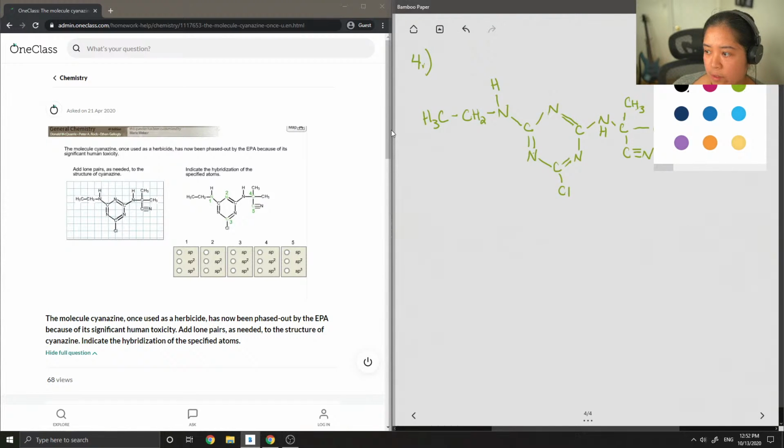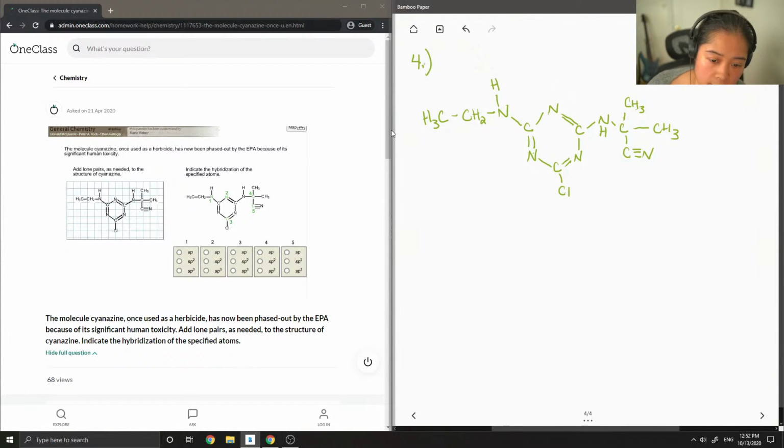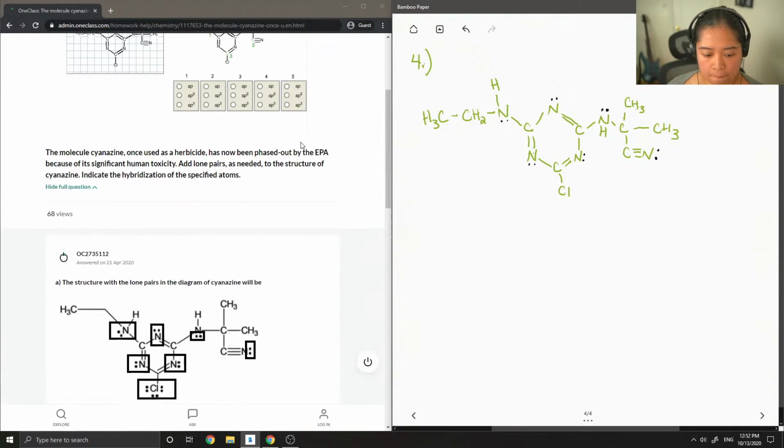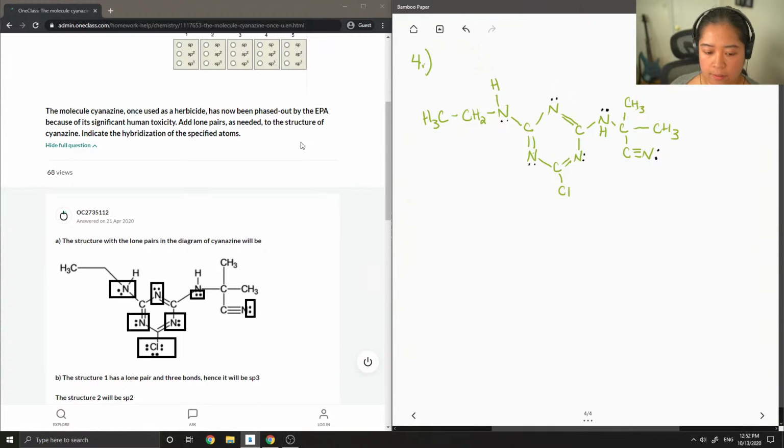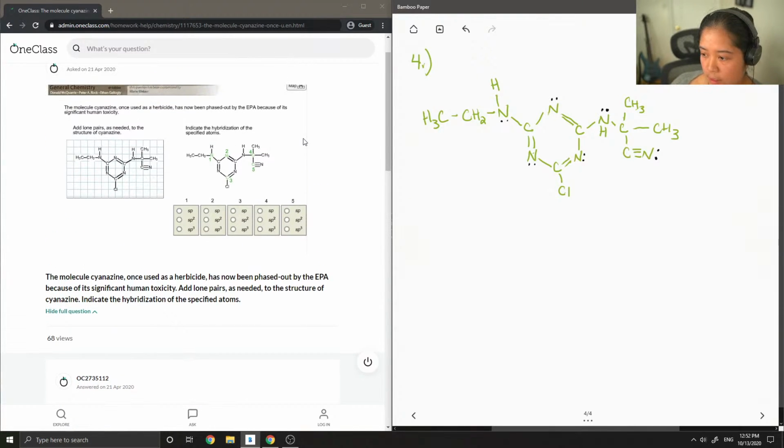And the first part of the question wants us to add lone pairs. So I'm just going to add them for our nitrogen groups. Just give lone pairs all around. So that's for all of the nitrogens. I'll write it all for the chlorine as well.